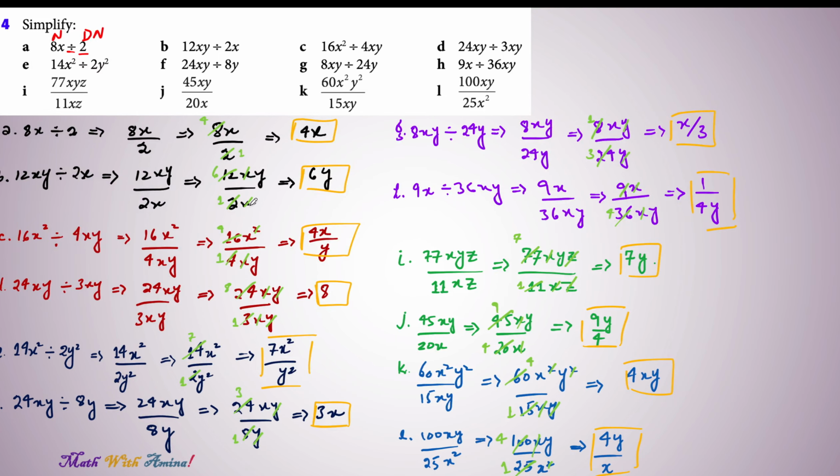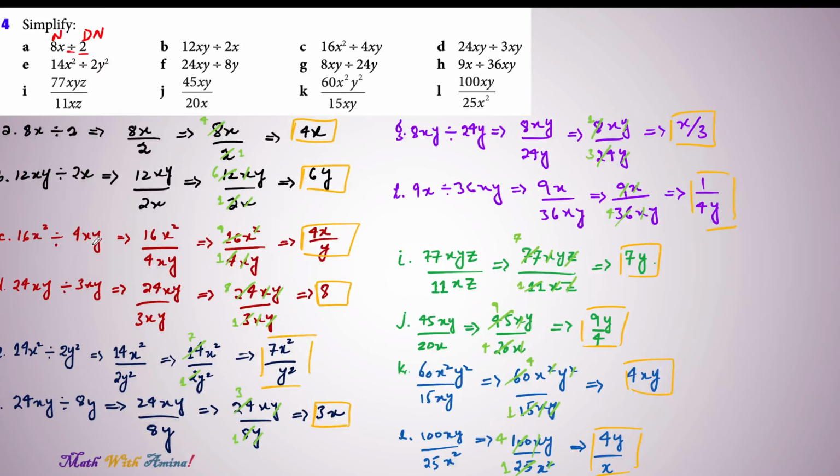And then next we look at the variables. x is mentioned once in the numerator and once in the denominator, so they cancel each other and we are left with y. So 6y in the numerator. This would be our simplified form of the expression.